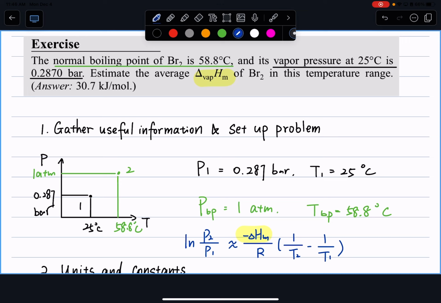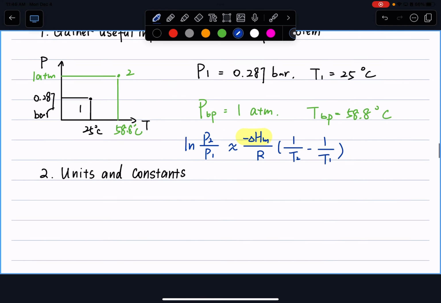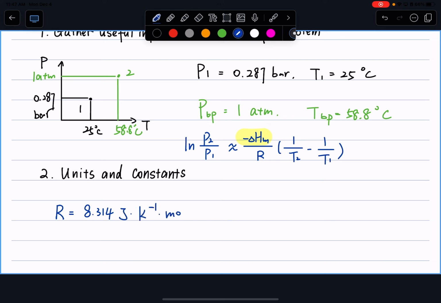Second step is pull all the constants and equations you need. Now we have our equation, and let's put in our necessary units and constants. We need our value of R, so that's 8.314 joule per Kelvin per mole. The reason we have to convert our temperature into Kelvin is that your gas constant has Kelvin in it.